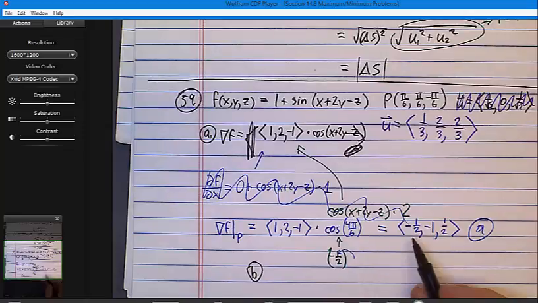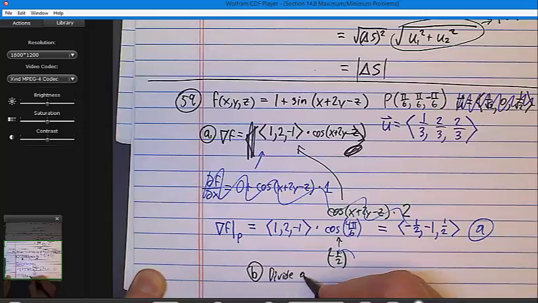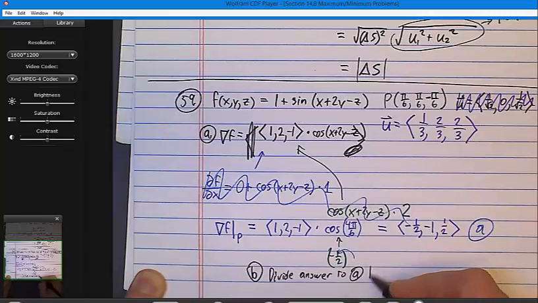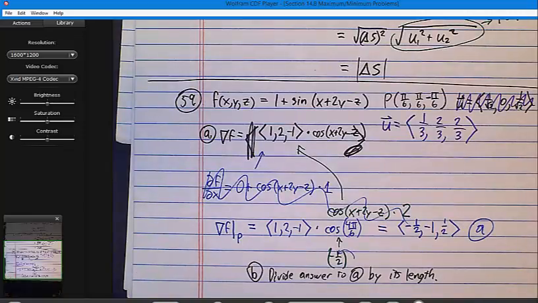So I guess what I need to do is divide the answer to A by its length. Is that enough to say about part B for you guys? Is that doing the whole thing? Or should I do it? Is that okay? Part C? Part C is what people asked about the most.